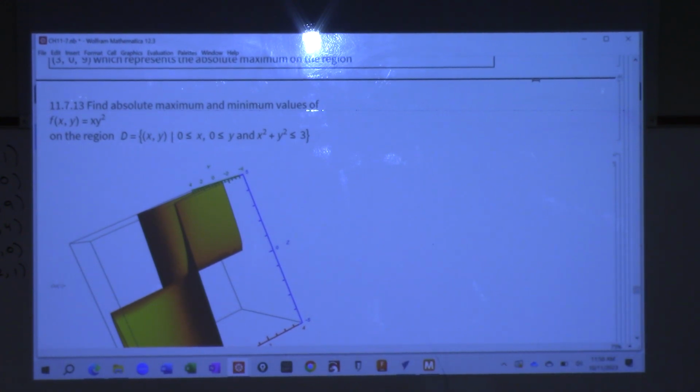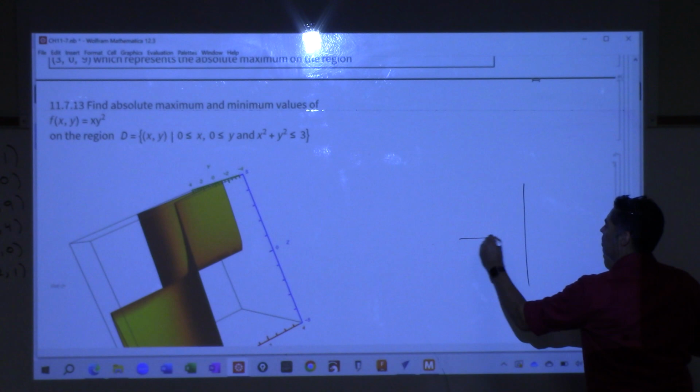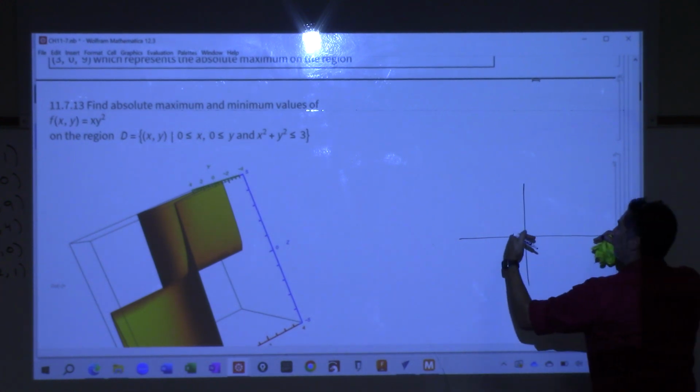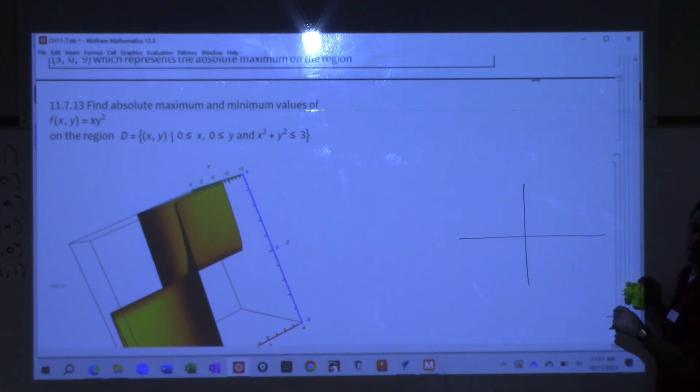What is that? X is greater than or equal to 0. Part of a circle. The x has to be greater than 0, so we have to be this way, right? And then y has to be greater than or equal to 0. We have to be up here. And then x squared plus y squared less than or equal to 3 is a circle, right?